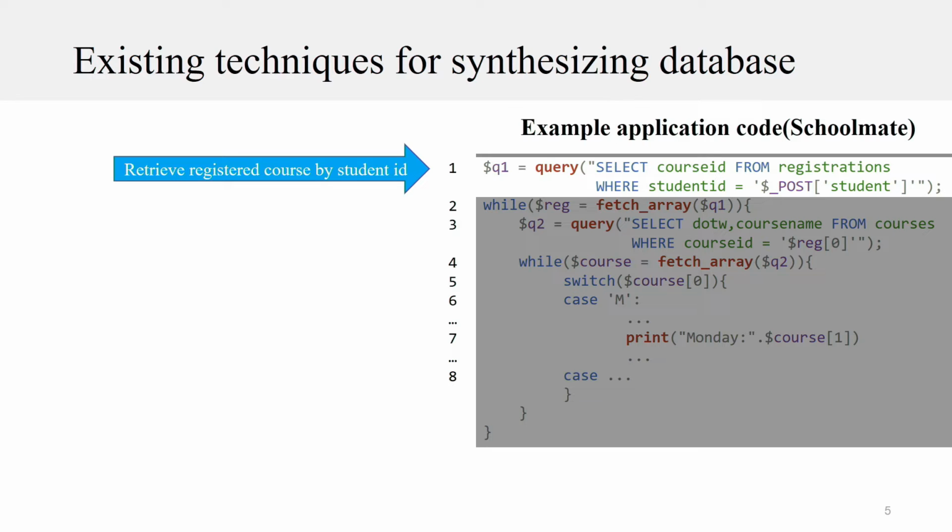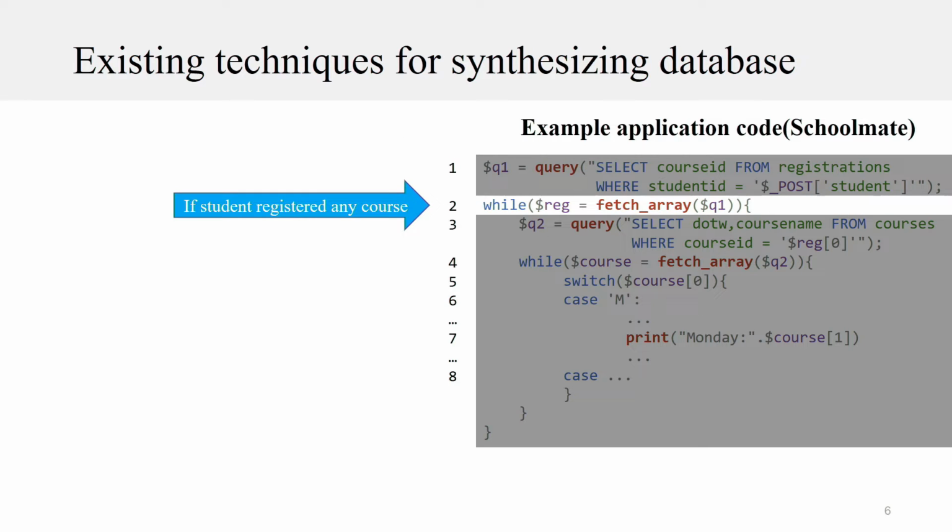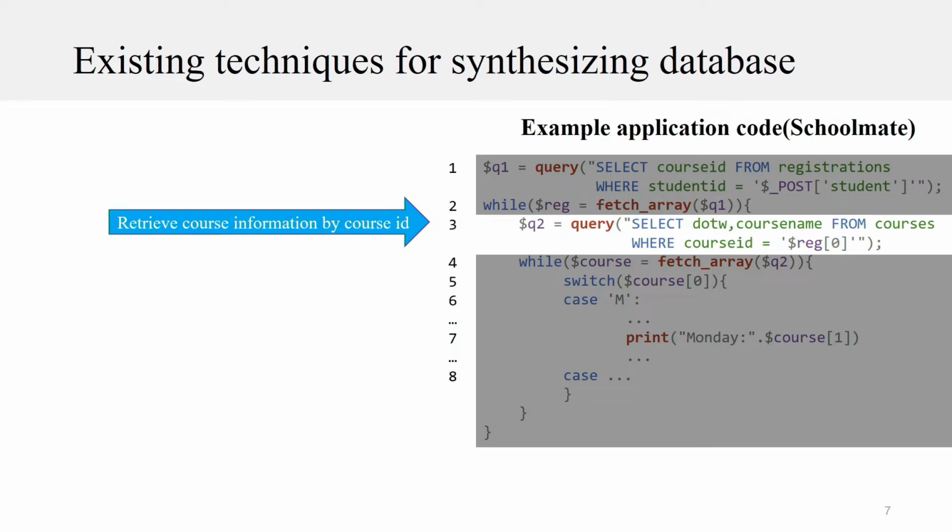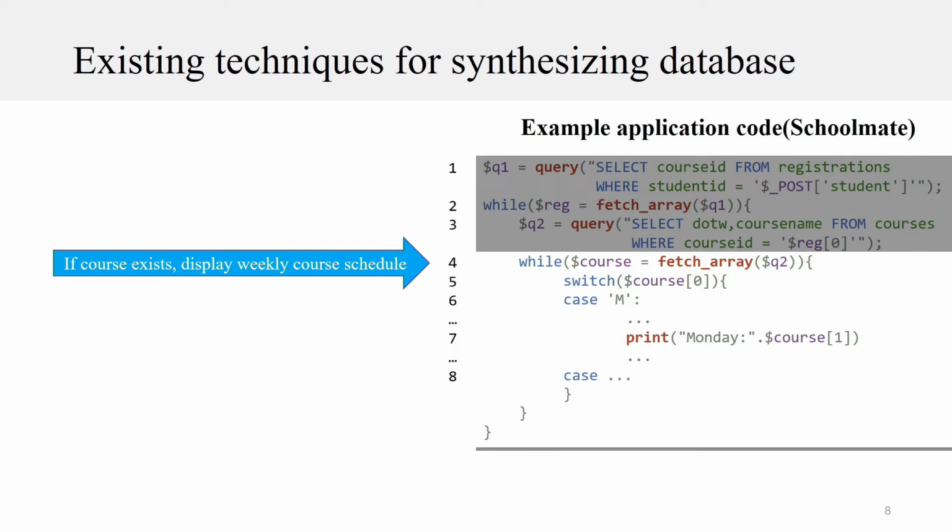This statement retrieves all the register codes of a student from the database, and this while loop will check how many courses are registered by that student. If a student registers any courses, this statement will retrieve each course's information from the database. And finally, if that course exists, this part will display the student's weekly schedule.